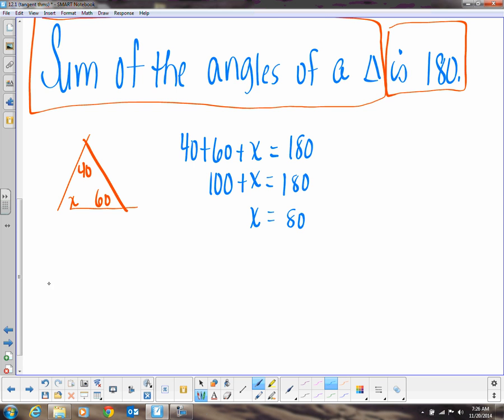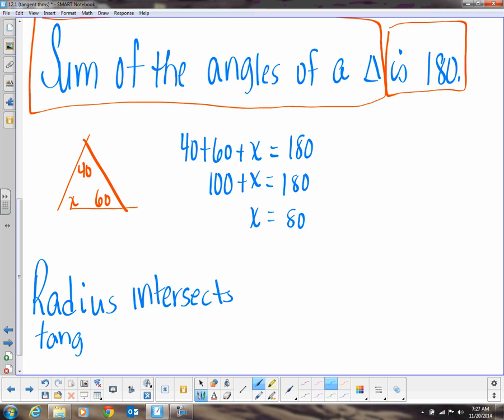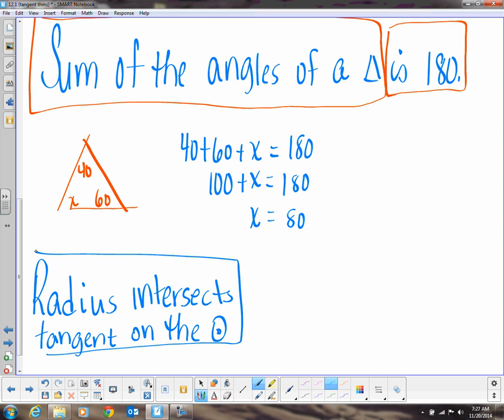Okay, good. So if you have that, then I want you to write in the left box: radius intersects tangent, and that's on the circle. In this box, I want you to say think perpendicular.